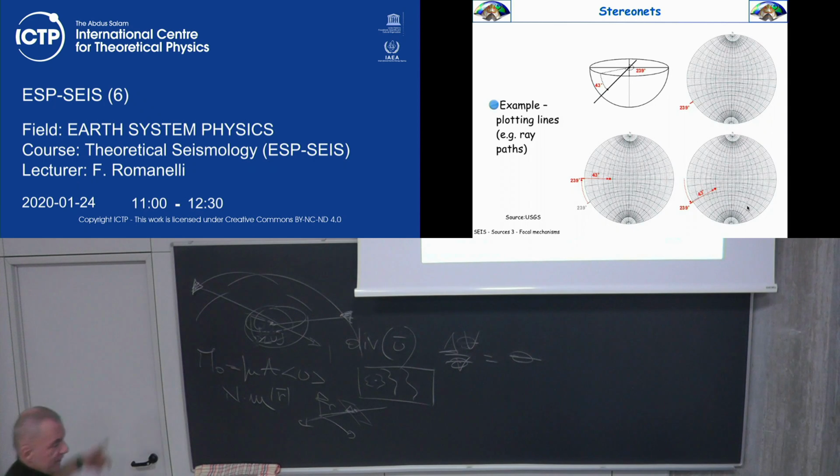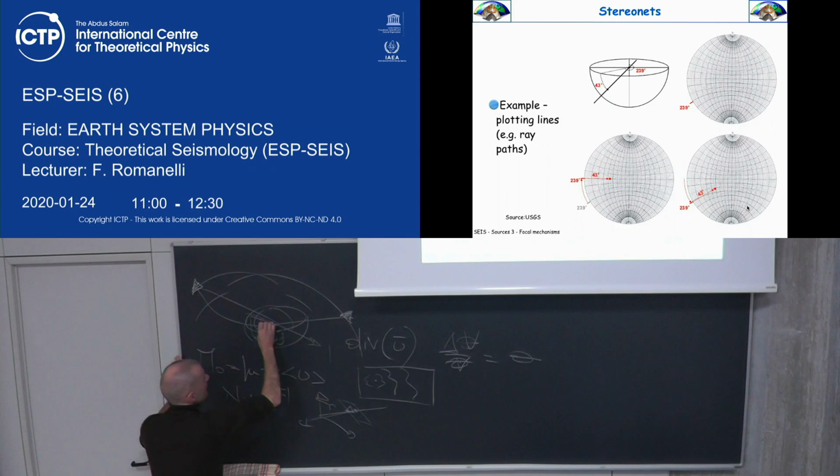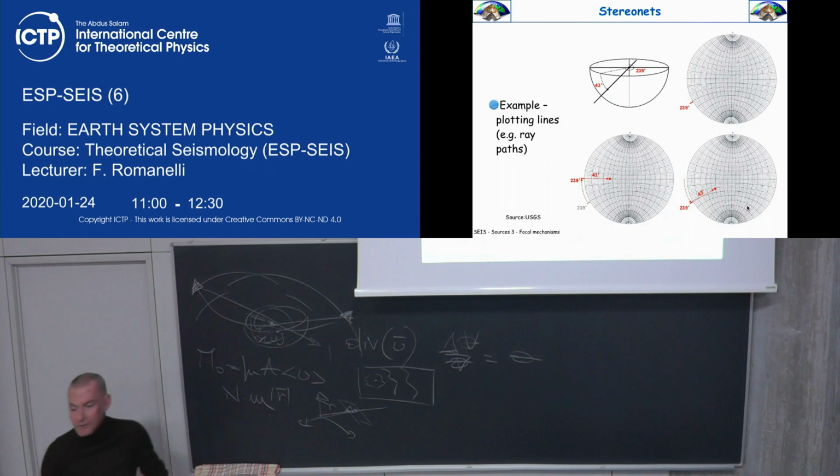And maybe you know that, for example, if the Earth is characterized by an increased velocity in depth, we will have a tilting. So we will have trajectories that will be curved according to the structure of the Earth. Do we know the structure of the Earth?